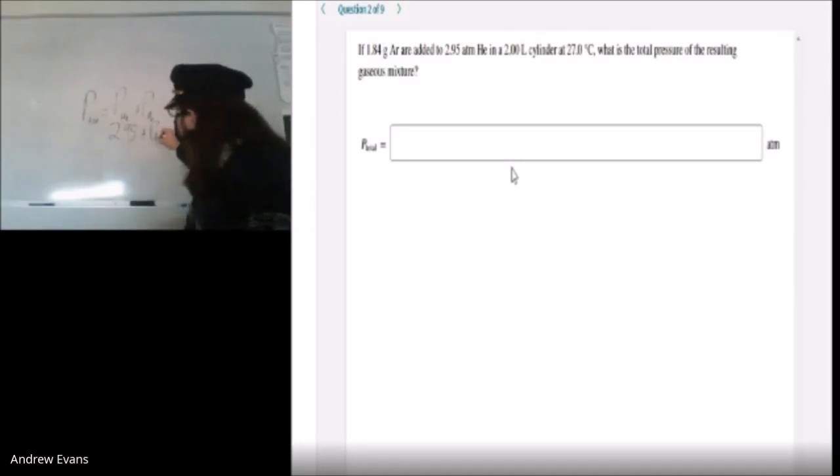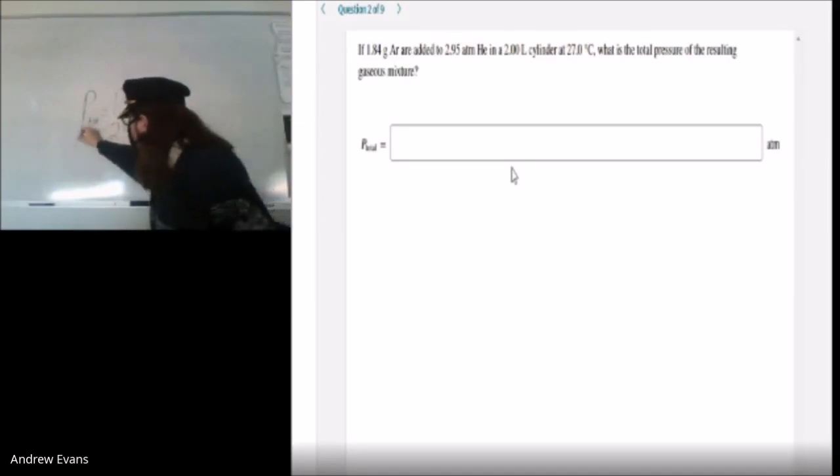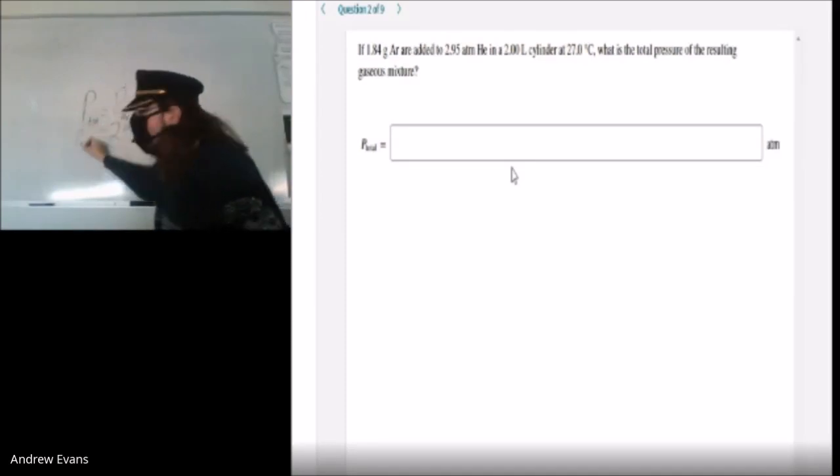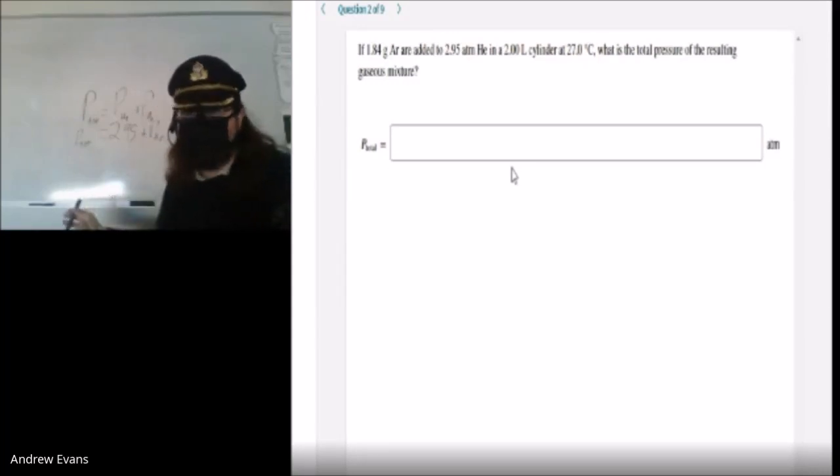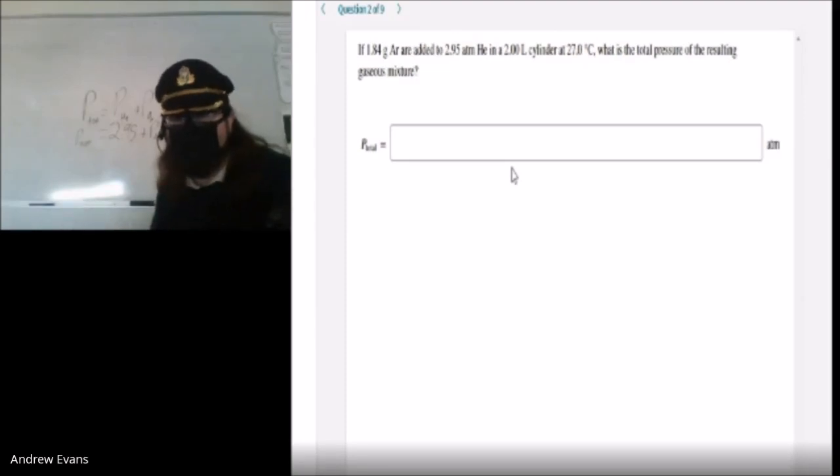This problem combines three aspects of chemistry, three different separate problems put into one. Problem one, Dalton's partial pressure of mixing. Once we understand this one, it's not that hard. Problem two, the ideal gas equation.